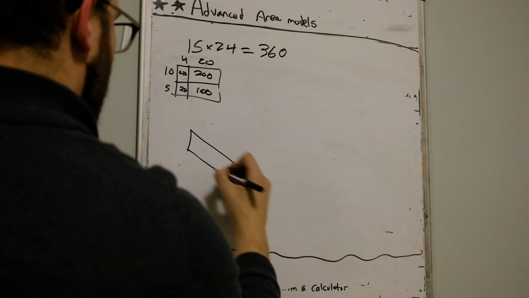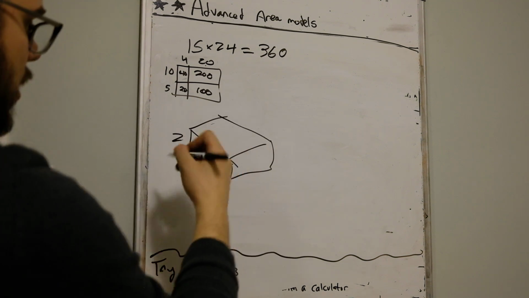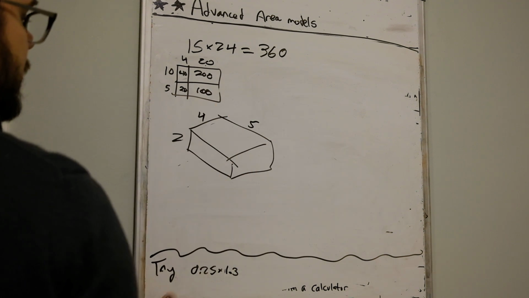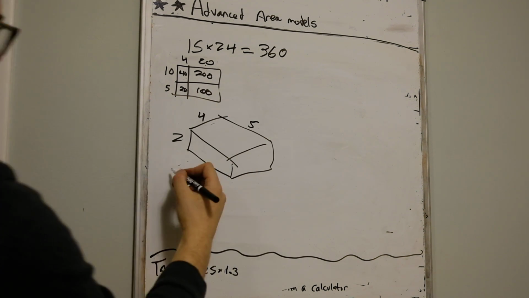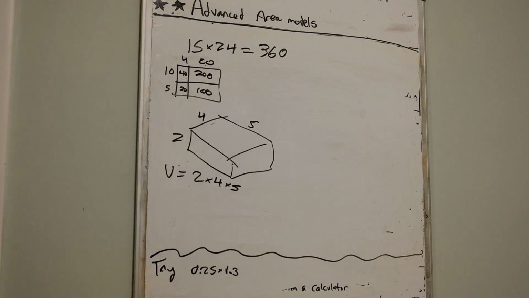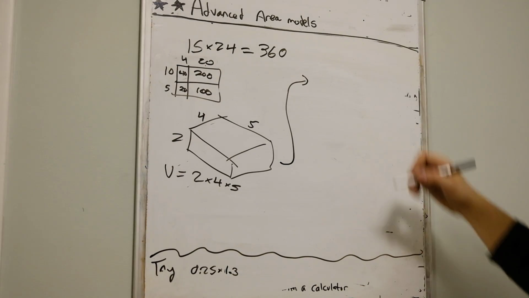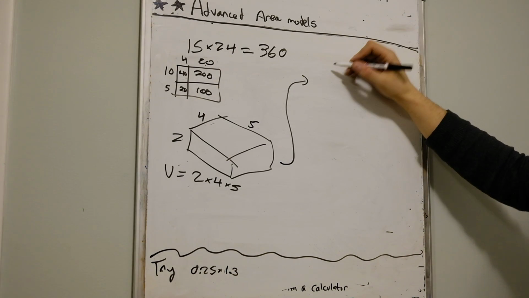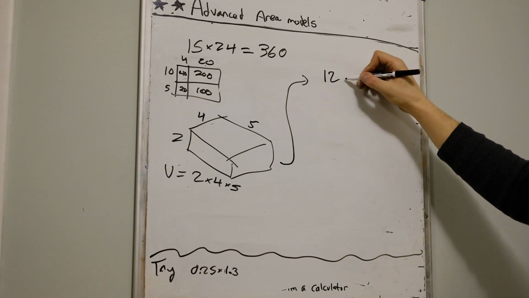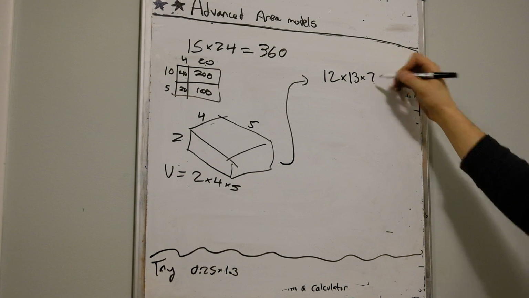You can calculate the volume of something if you know the height of it, the depth of it, and the width or the length of it. And you can find the volume is 2 times 4 times 5. Consider how we can use this model to represent something like 12 times 13 times 7.